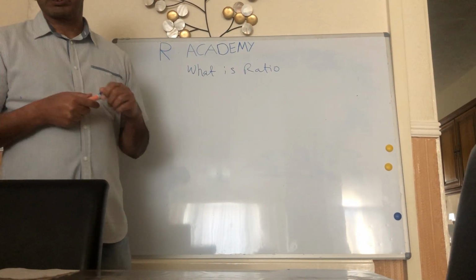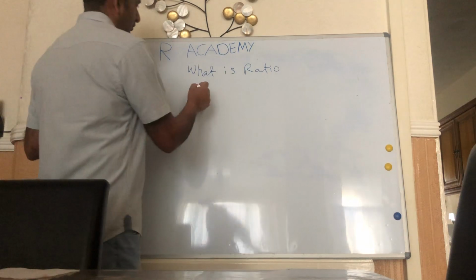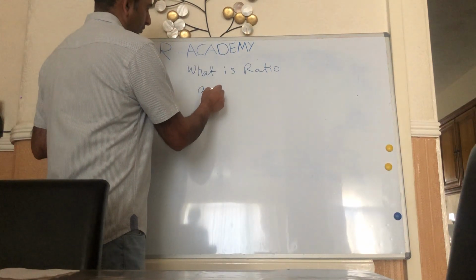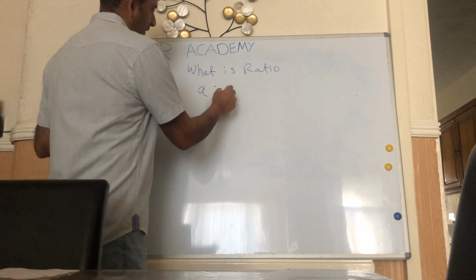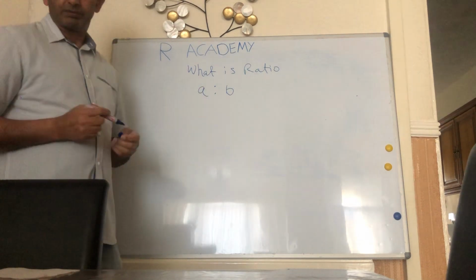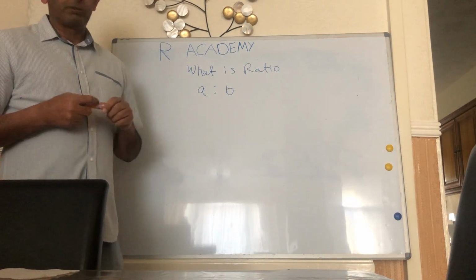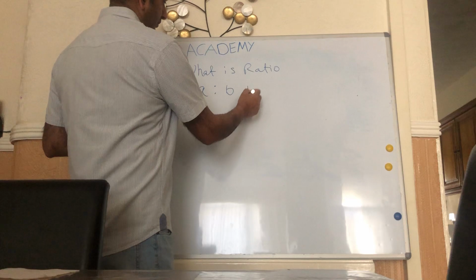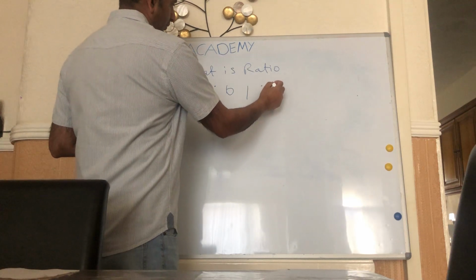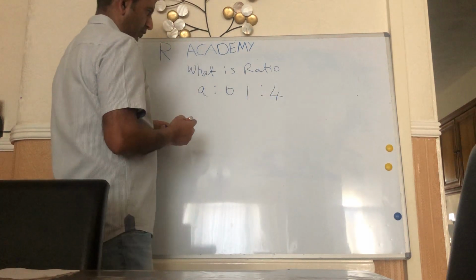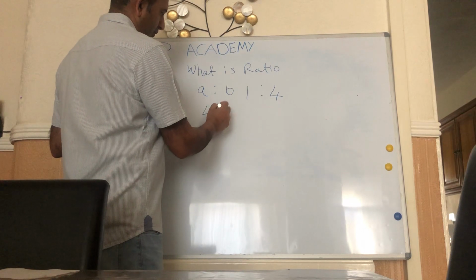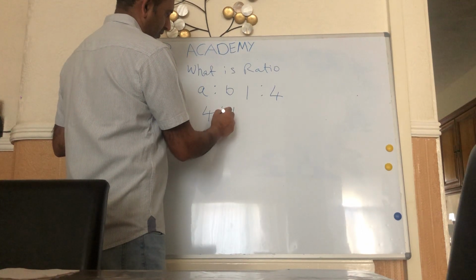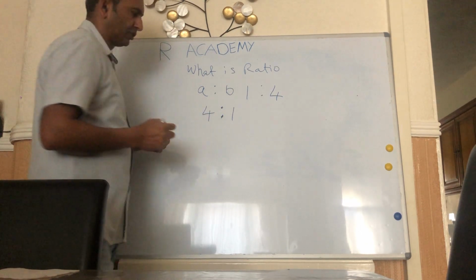So usually it's written in the form of A and B with a colon, or say with the numbers 1 and 4, 4 and 1, etc. That's what a ratio would look like.